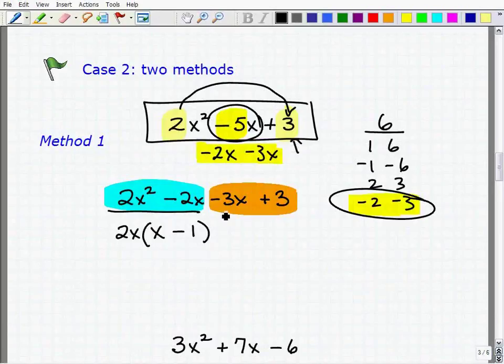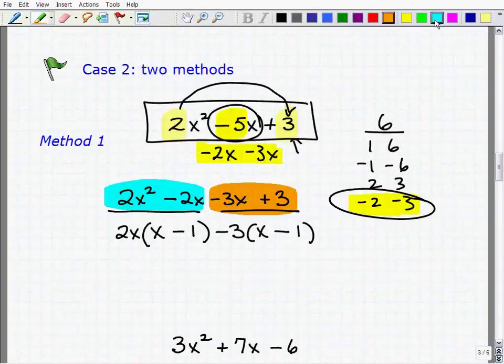Now let's go ahead and do this second one here. I can write this as negative 3 times x minus 1. See how that works? So if I distribute this negative 3, I'll get back to negative 3x plus 3. Just about there, so stick with me.